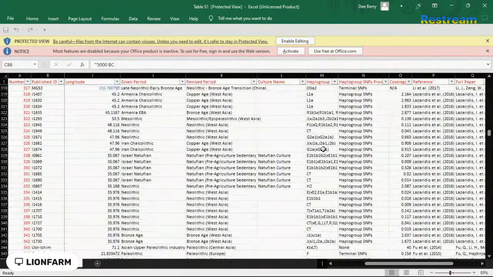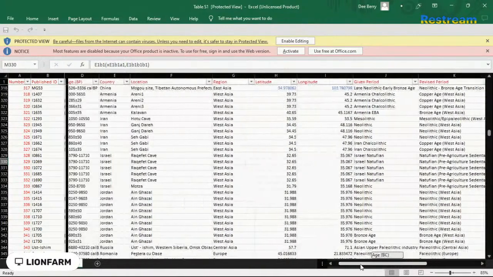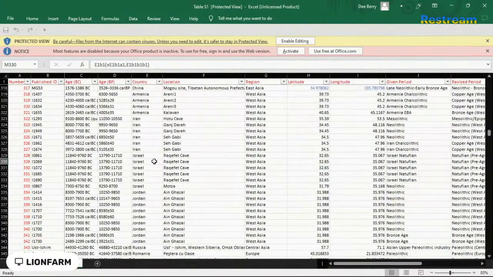So we can see there are some Natufians, some groups we had talked about before. So E1b1, right? E1b1 makes all E1b1 descendants in Israel.